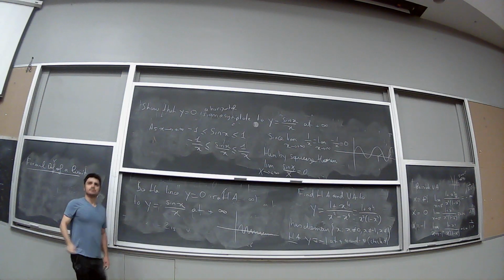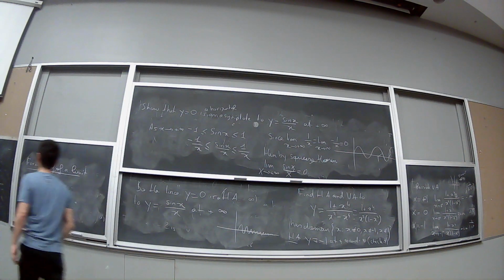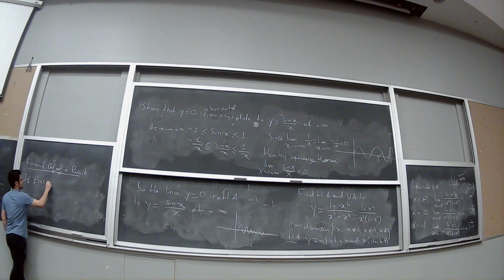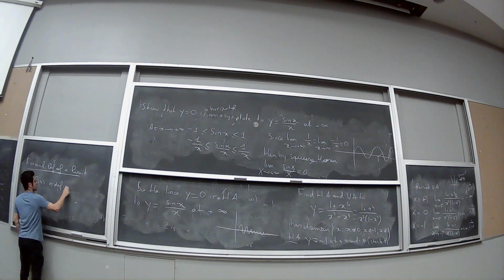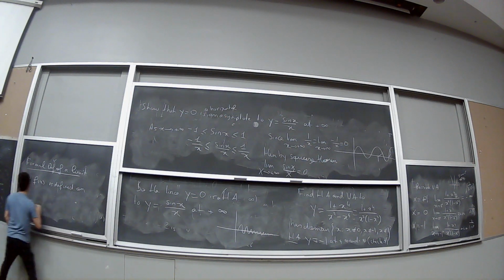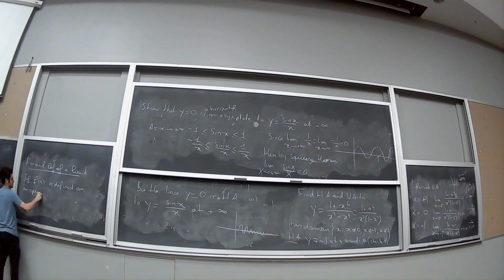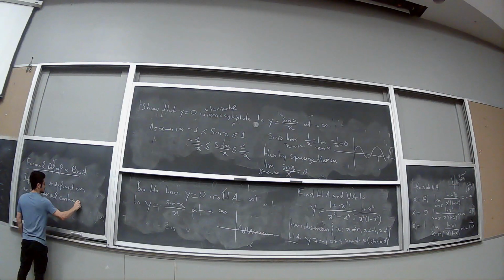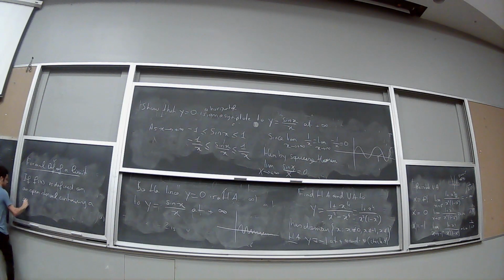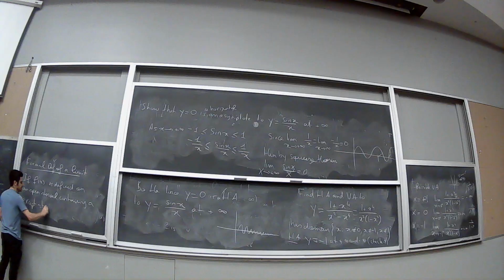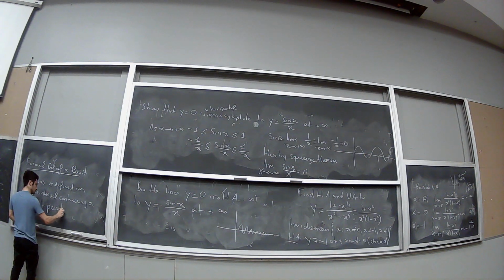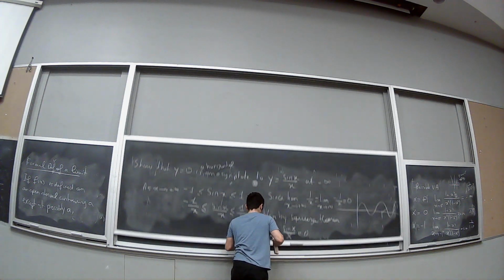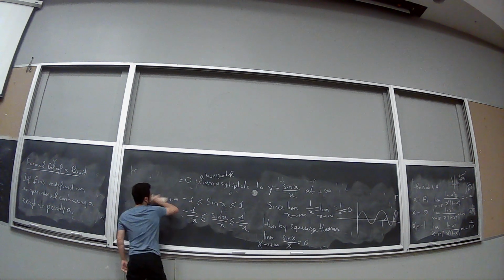Okay. So if f is a function, if f of x is defined on an open interval containing a, except possibly at a, we said that the limit as x approaches a of f of x is equal to L if what?